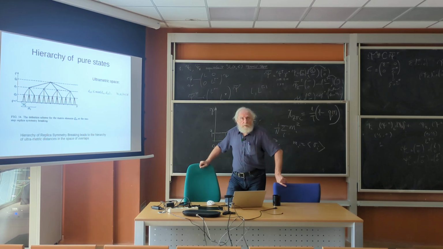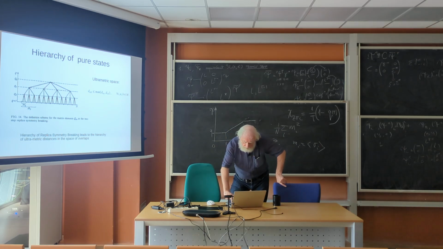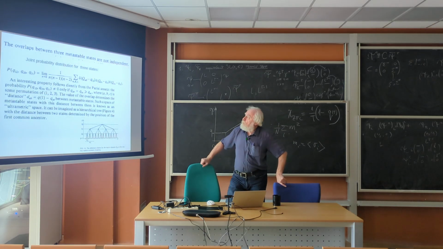We find many magnetization patterns and then calculate overlaps and just calculate this distribution function like it is defined here. Of course, you need to make some smearing of delta functions, but in principle it is straightforward.